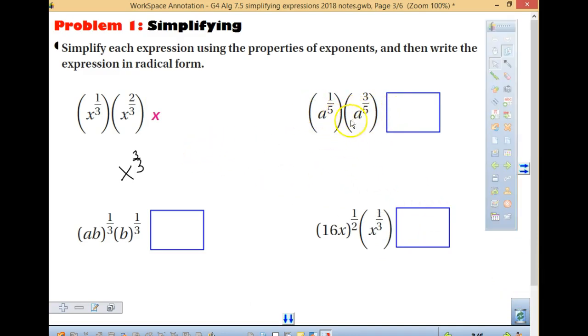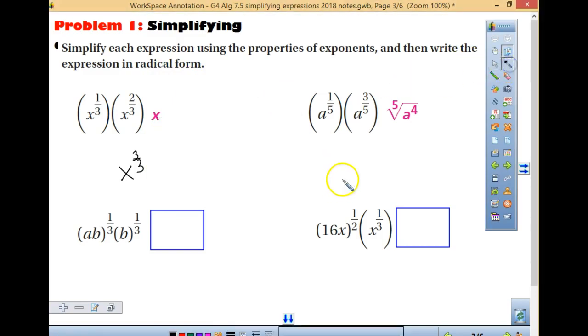So we're looking at this next one. We're multiplying again. We have the same base, so we add our fractions. We're going to look at a to the 4/5. It says simplify it and write it in radical form. Now this one was nice in radical form because it was simplified, right? So you start this with a to the 4/5.